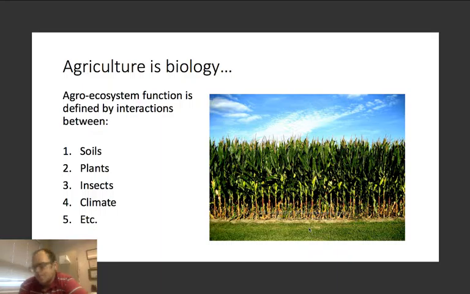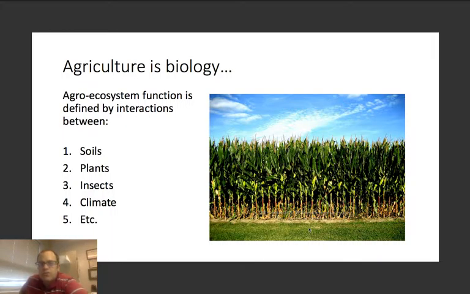That being said, like it or hate it, we are always trying to improve things. Agriculture is a form of biology. It's an applied biology, you may say. The functionality of our ecosystems is going to be a function of the interactions between the environments that our crops are grown in. So what's in that environment?